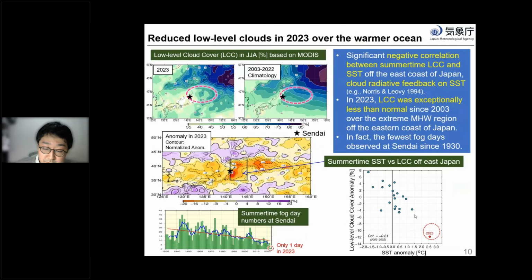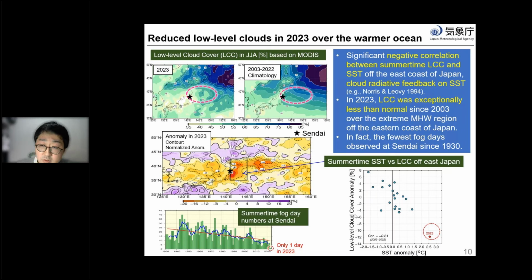So, as I said before, the low-level clouds were significantly reduced off the east coast of Japan. Usually, the low-level clouds dominate in this region in summer under the climatologically high near-surface stability over cold Oyashio water. And as indicated in the bottom right panel, there is a significantly negative correlation between summertime SST and low-level cloud cover, which indicates a cloud radiative feedback on SST.